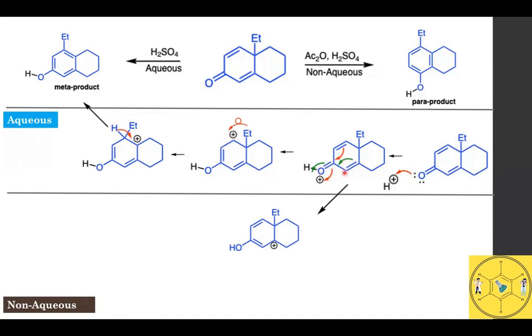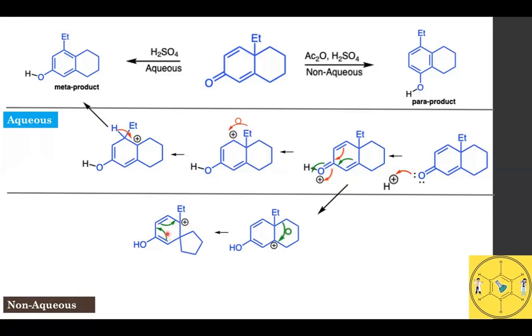This happens only when the reaction is carried out under non-aqueous reaction conditions. As a result you will get the tertiary carbocation. After that a ring contraction takes place. This carbon-carbon bond breaks, then the bonded electrons move towards the carbocation center, leading to ring contraction. After that one new tertiary carbocation center is generated.